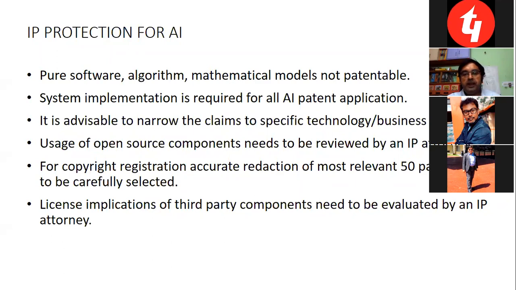You have to very seriously and selectively choose those 50 pages to ensure that your product is properly represented in that copyright application. That is another thing IP attorneys would help you with. Then the most important part again is third-party components. Without third-party components, it's not possible today to develop any product from scratch.